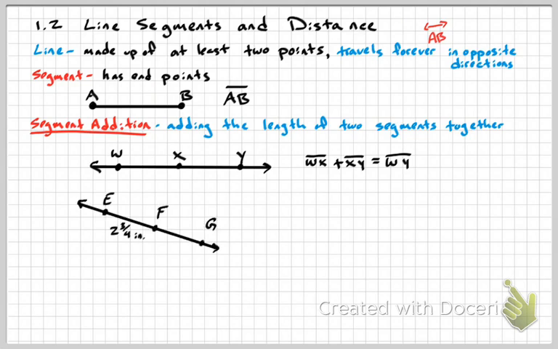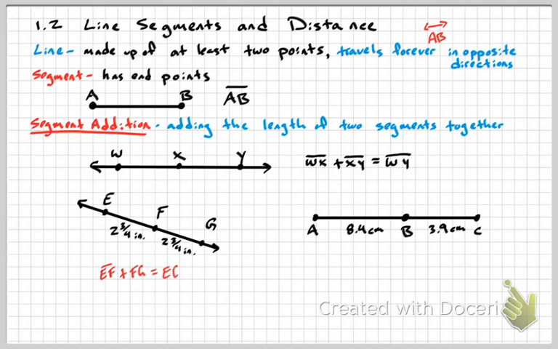And if we just put that in a very simple context where we know the length of each segment, right? Segment EF plus segment FG equals EG. Segment AB plus segment BC equals segment AC. And then to find those actual numerical values, you just plug in the value of each segment.